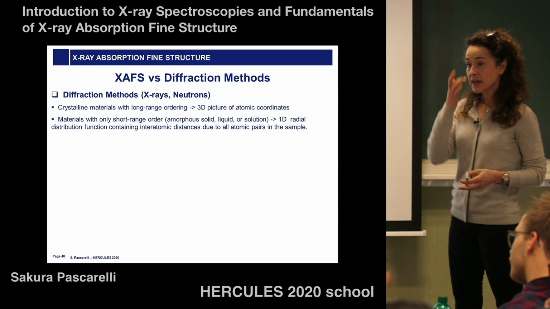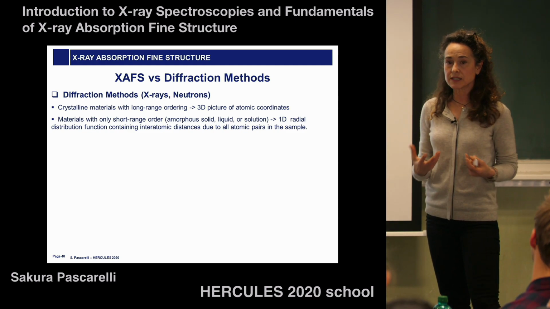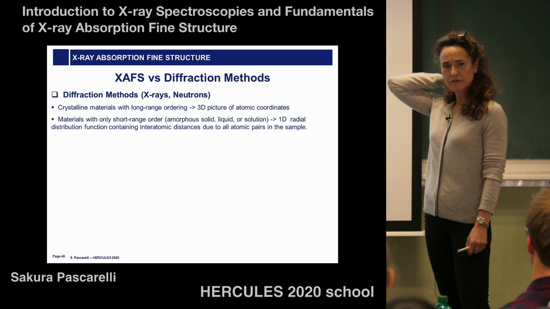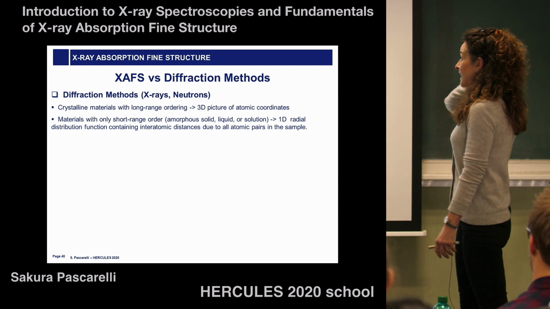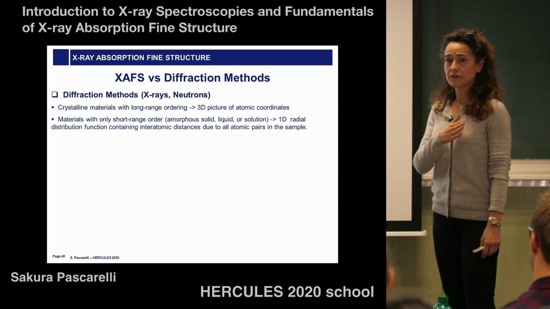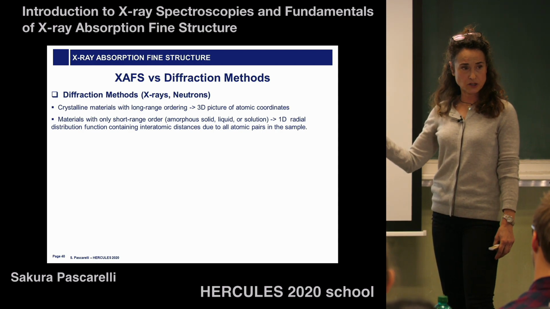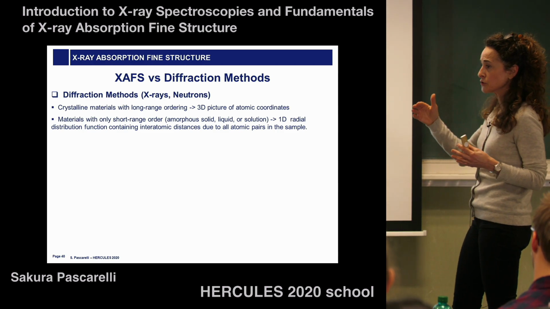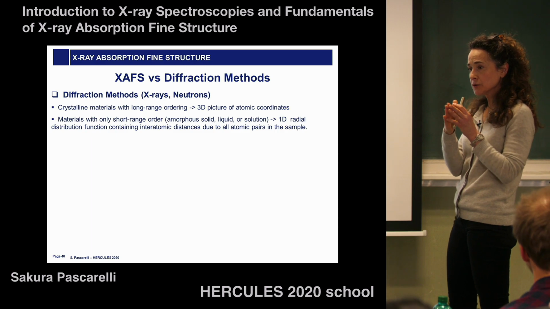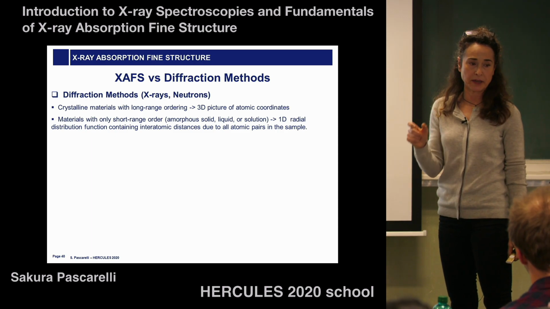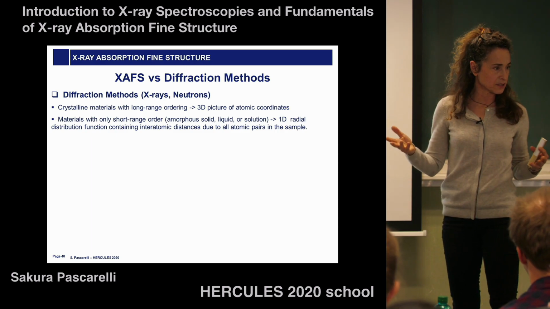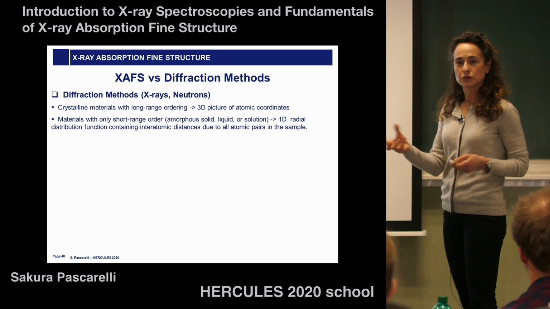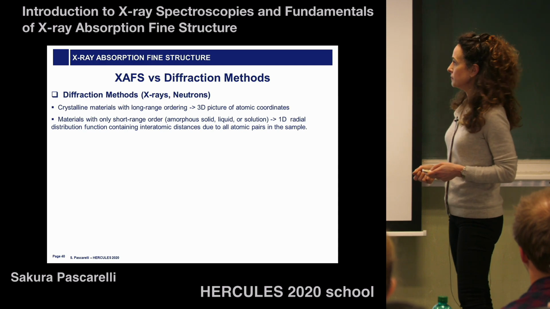But if you have systems which are intrinsically disordered, like amorphous solids or liquids, then these methods typically only give you the one-dimensional distribution function. And these radial distribution functions contain interactions of all possible atomic pairs in your system, so it becomes a little more difficult to disentangle the information.